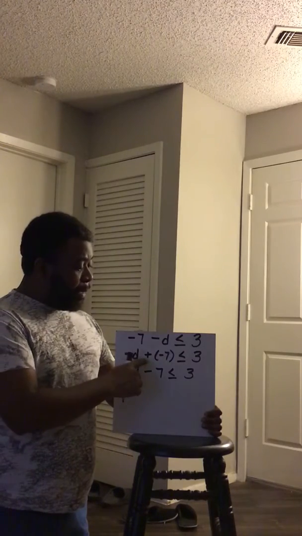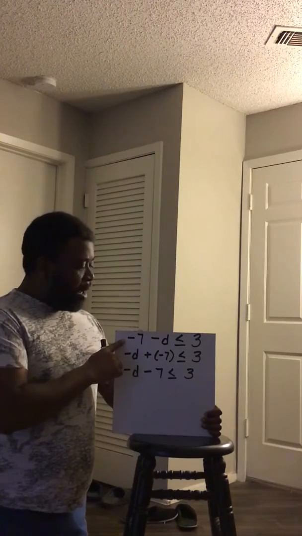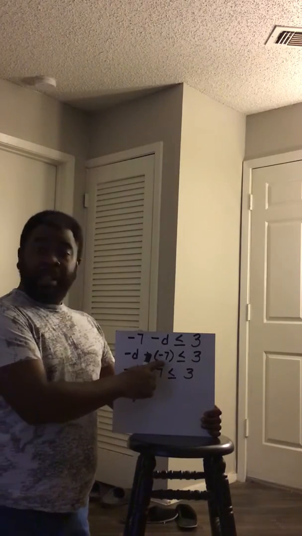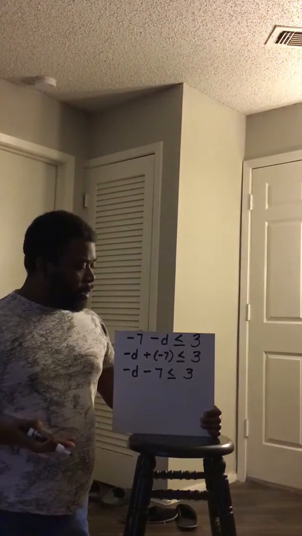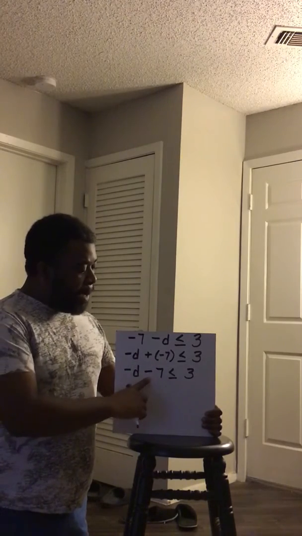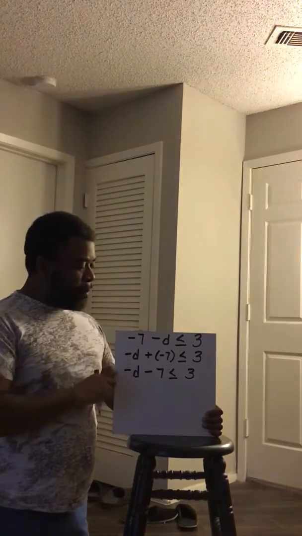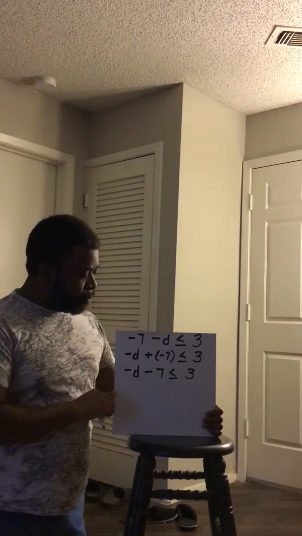The opposite of D is negative D. So negative D plus, and then I had negative 7. But remember, I don't like to have the negative 7 after the plus sign because it does not tell me what is the inverse. So I just rewrote it one more time as negative D minus 7 because that is the same thing as adding negative 7. Okay? I know that's a little tricky, but if you follow those steps, it'll make your lives a lot easier.